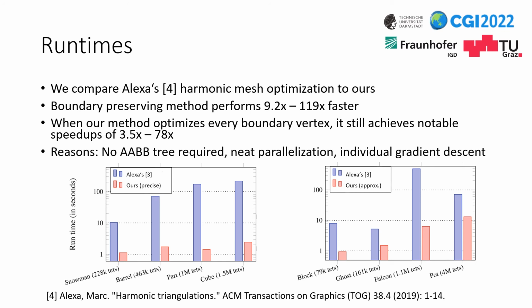The main reasons for the speedups are that we do not need a spatial data structure for boundary vertex reprojection. We have a parallel method which performs parallel calculations on the GPU, and we have individual gradient descent steps which most of the time exhibit better convergence.